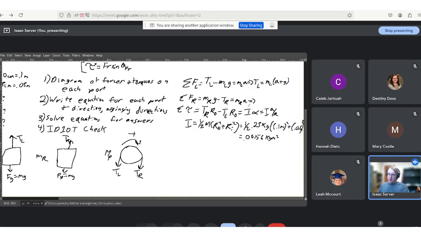Move that over to the right side, move m a to the left side. So T_R is equal to m_R times (g minus a).